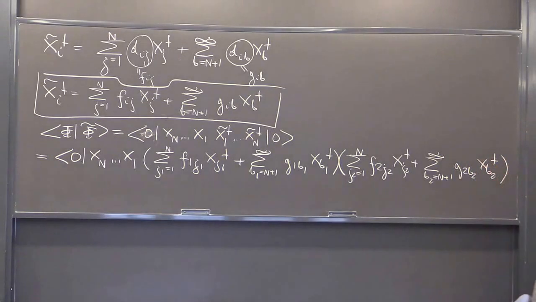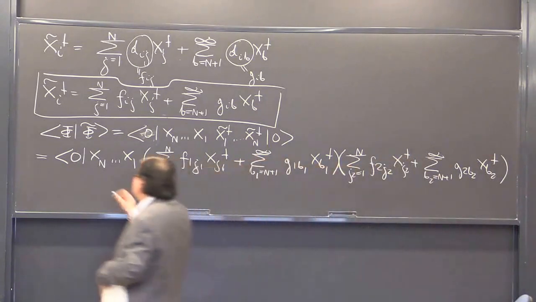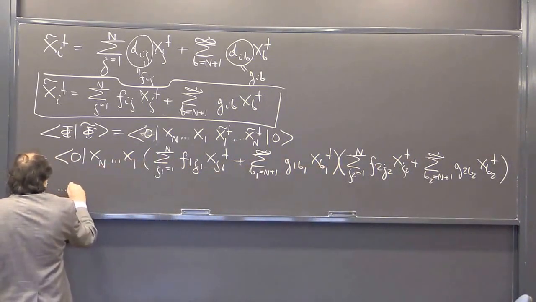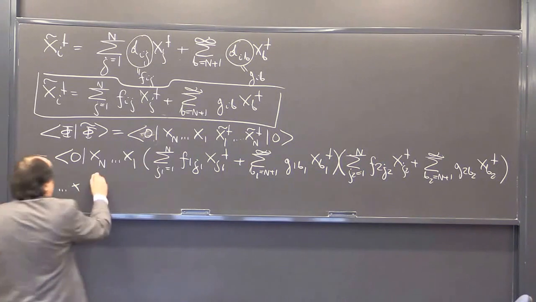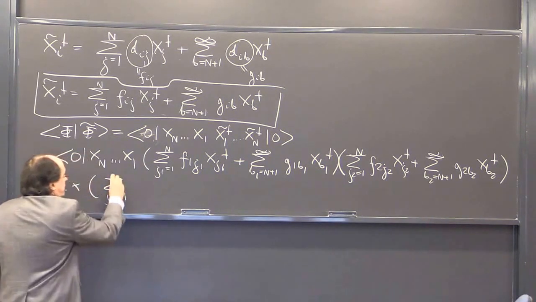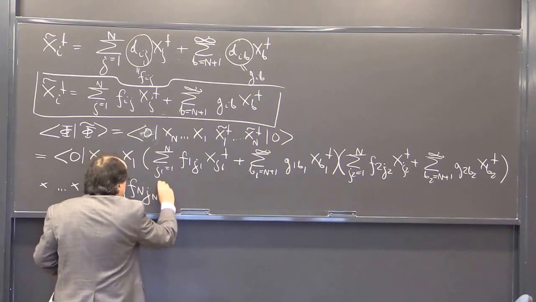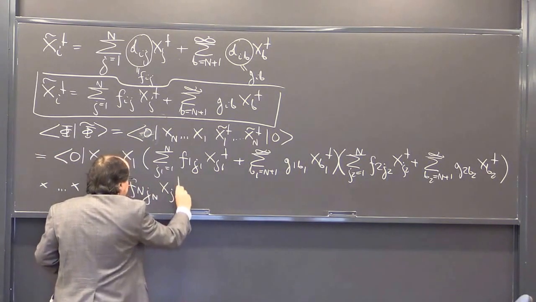This is x2 dagger tilde. Okay, and then the last term, if I continue after some dots, will be a summation over jn running from 1 to n, fn jn x jn dagger.